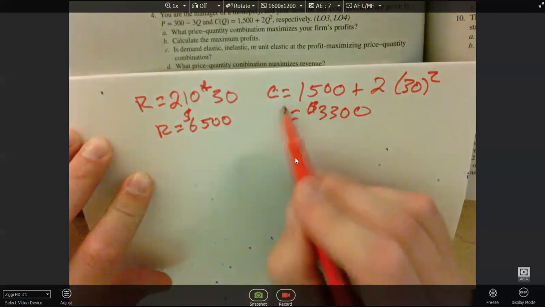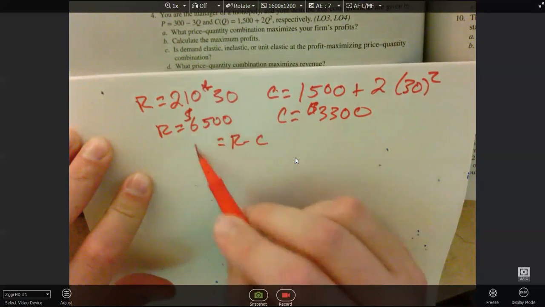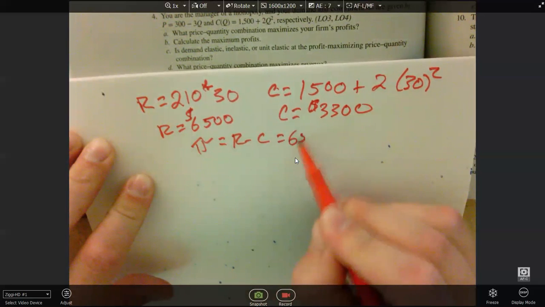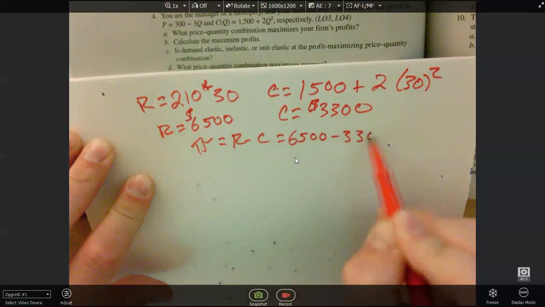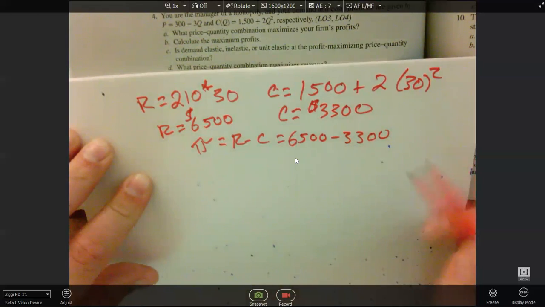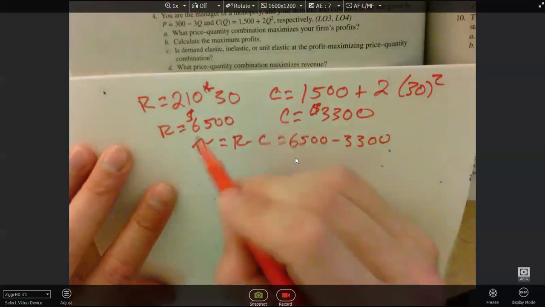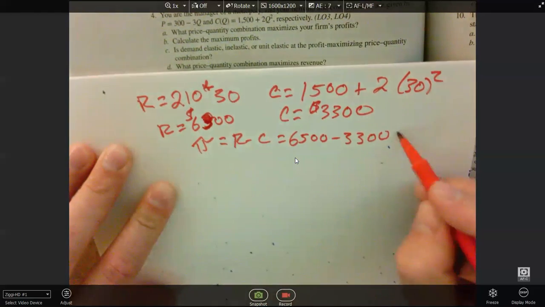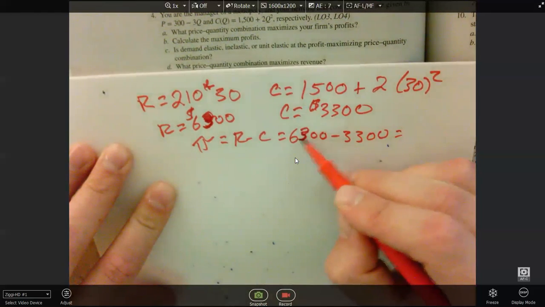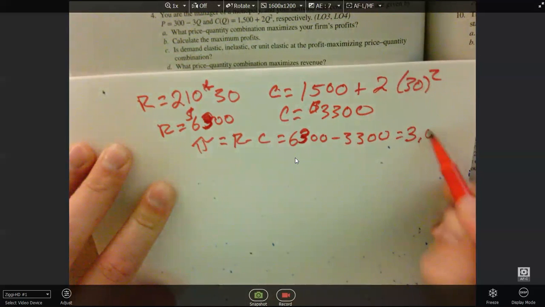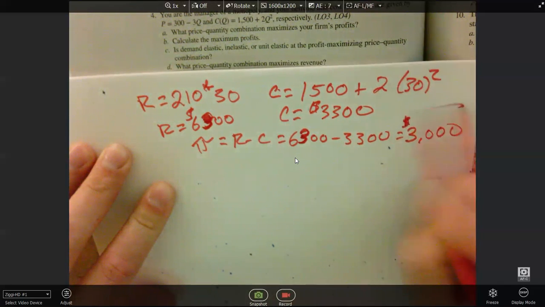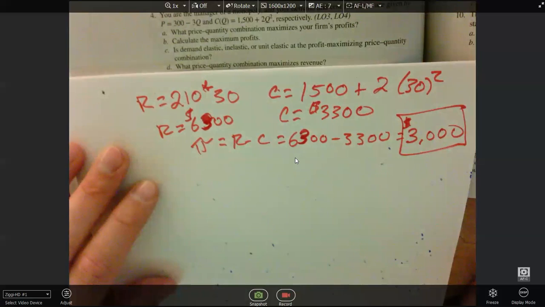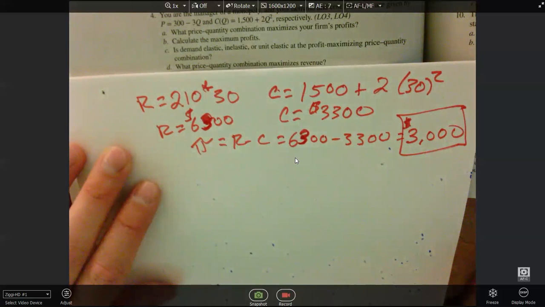And you just subtract them, R minus C, profits. Oh, sorry, this is 6,300. So we end up with 3,000 even as our profits. Questions on that?